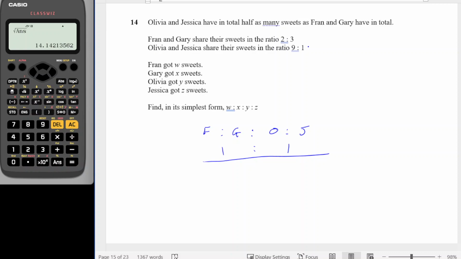Fran and Gary share in the ratio 2 to 3. So we've got a ratio of 2 to 3 there. Split that though, because these aren't equal at the moment. And Oliver and Jessica share in the ratio of 9 to 1.